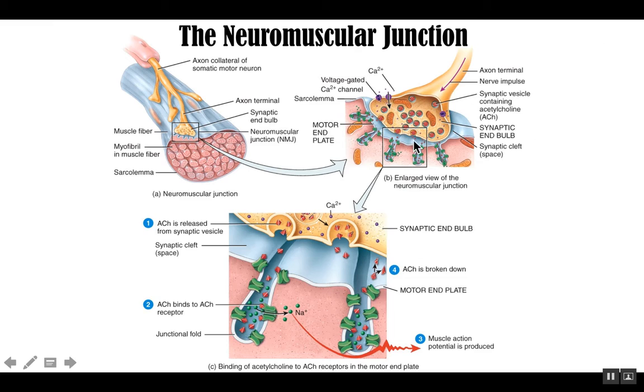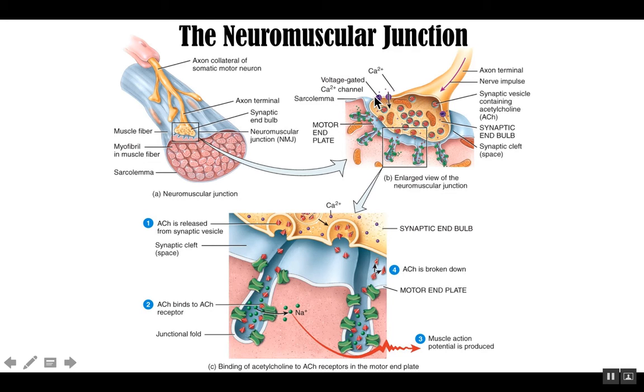If we expand on that synapse, we now see a nerve impulse represented by this arrow traveling down the axon. The next step is to open up calcium channels. There are little calcium channels called voltage-gated calcium channels that are located in the synaptic end bulb membrane.